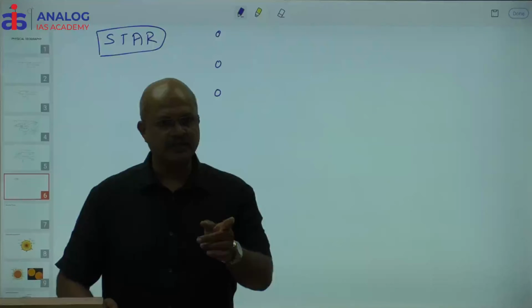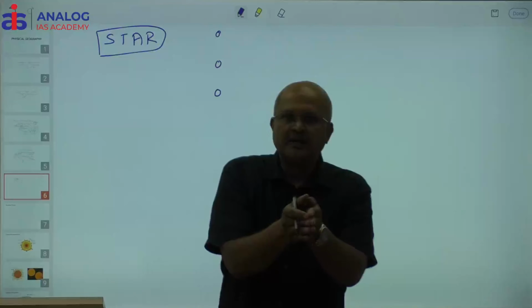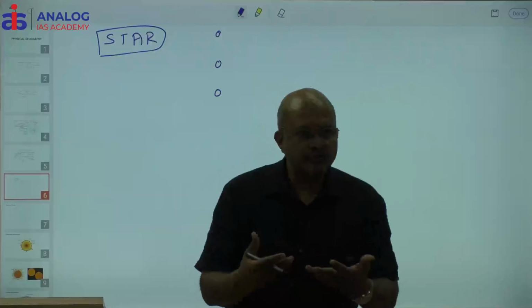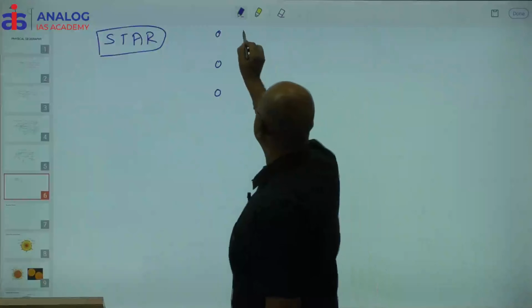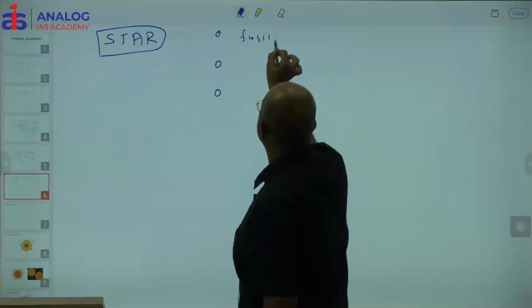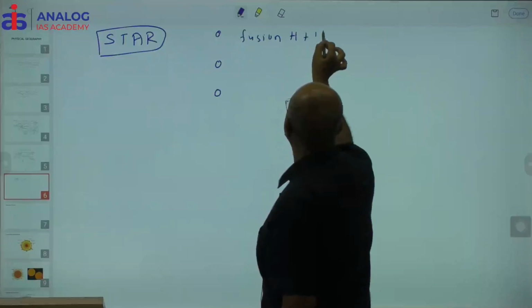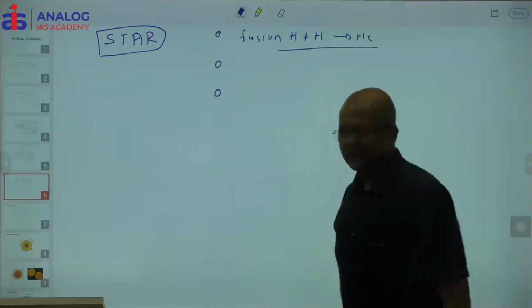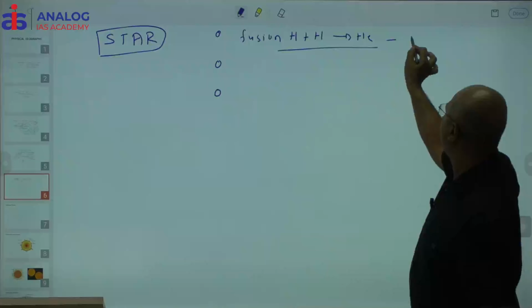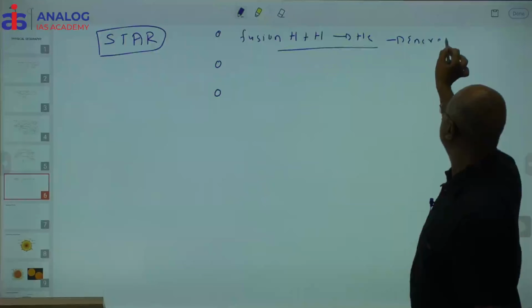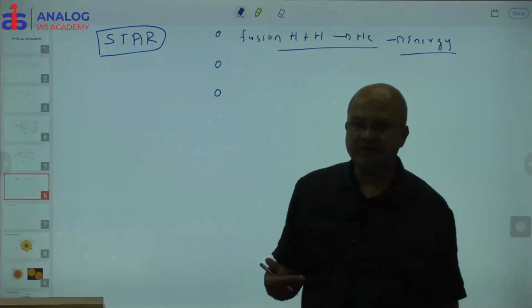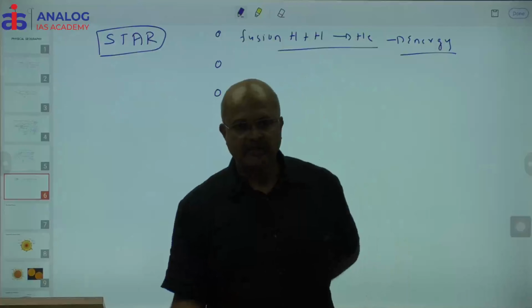Fission is different. Fusion means the energy which is produced in stars is called stellar energy, which is fusion. Here, in the context of a star, two hydrogen combine and form the heavier helium, which develops a tremendous amount of energy in the form of radiations. We refer to that as solar radiation.